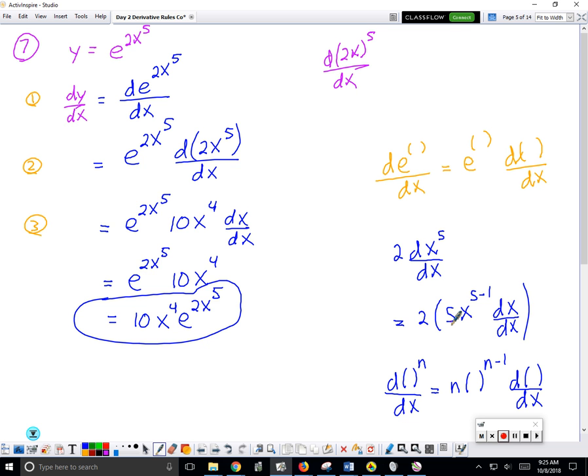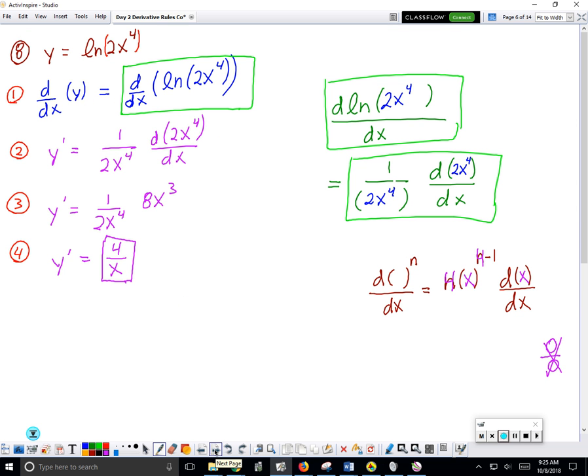Next one. Write down number 8, please. It says y equals natural log of 2x to the 4th.